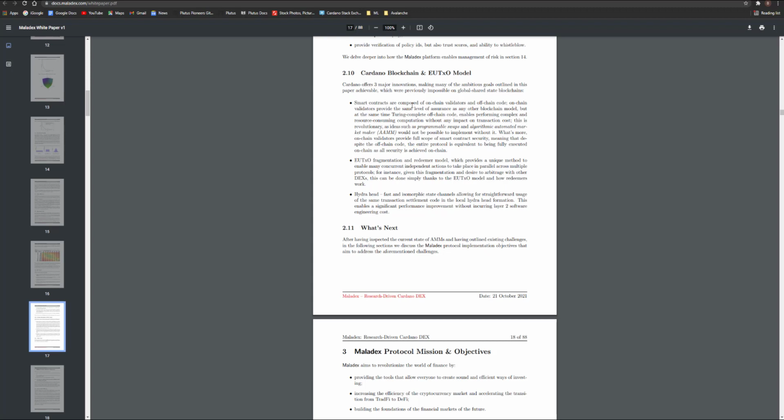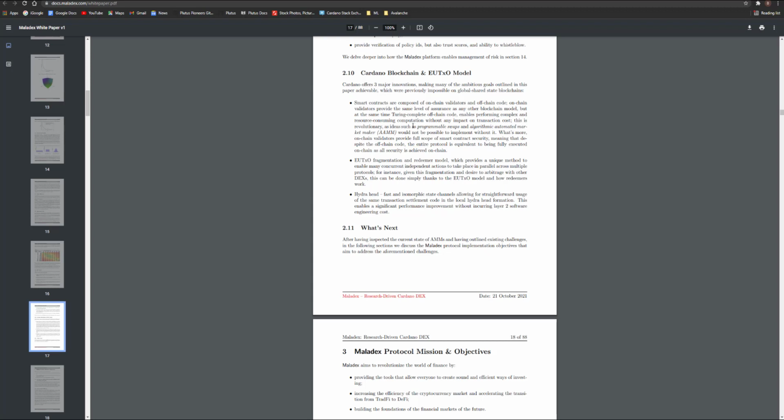Smart contracts are composed of on-chain validators and off-chain code. On-chain validators provide the same level of assurance as any other blockchain model, but at the same time, Turing-complete off-chain code enables performing complex and resource-consuming computation without any impact on transaction cost.